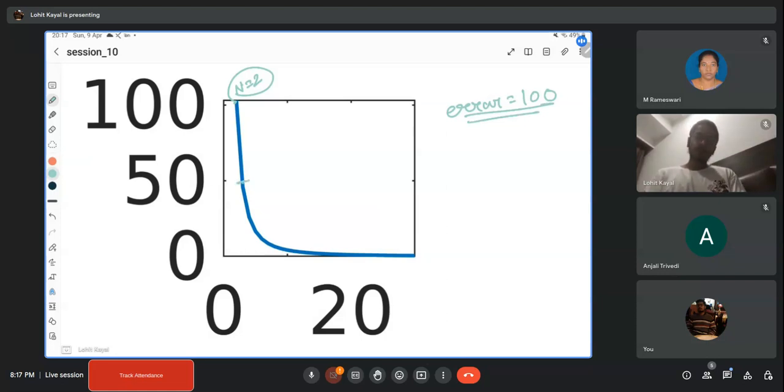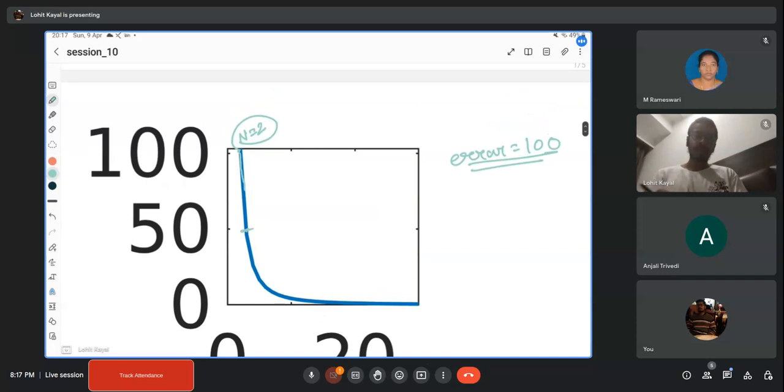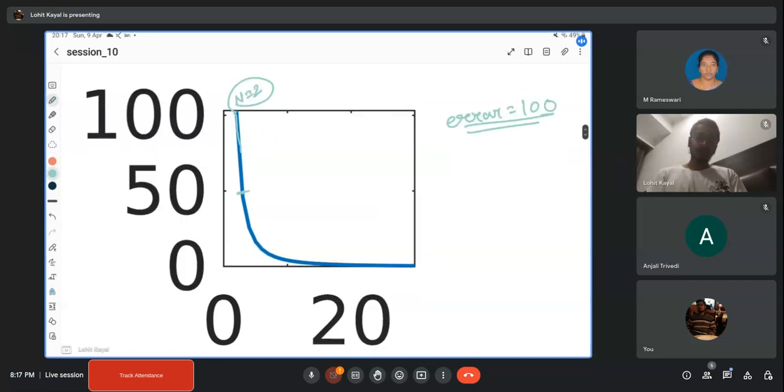And as I am gradually increasing my segment number, you can see that the error is decreasing rapidly. This is almost an exponential decay, faster than the exponential decay.